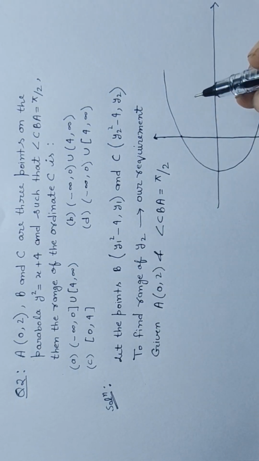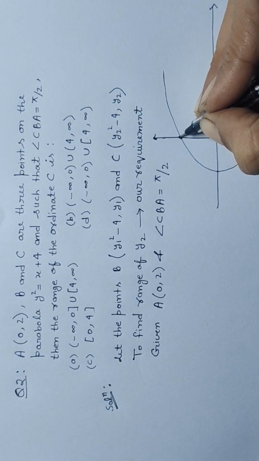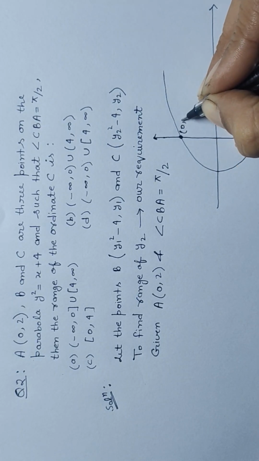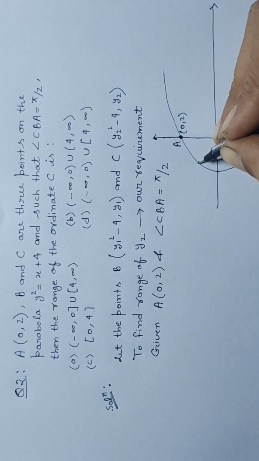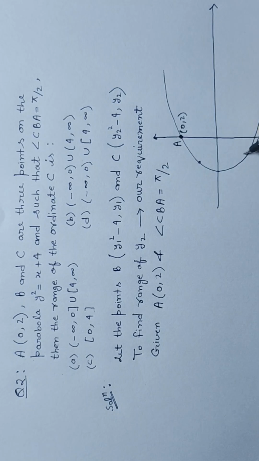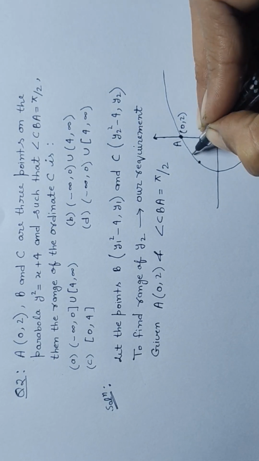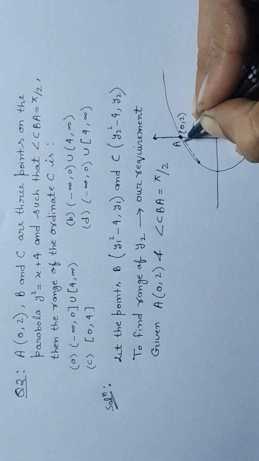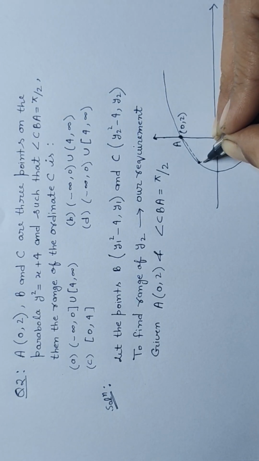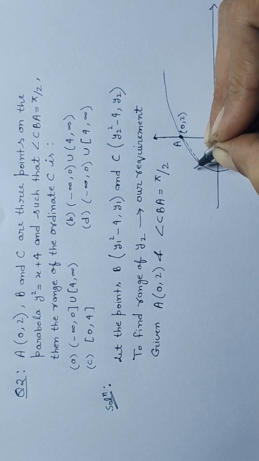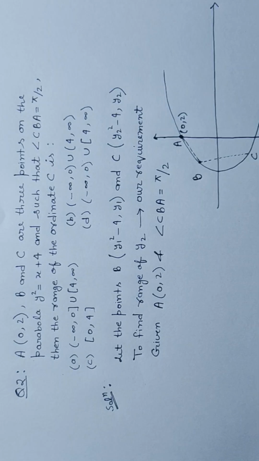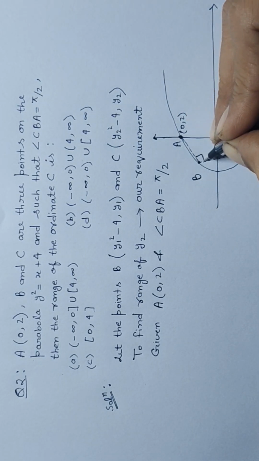The point (0, 2) lies here, this is A, and this is B, and this is C, such that angle CBA is pi by 2.